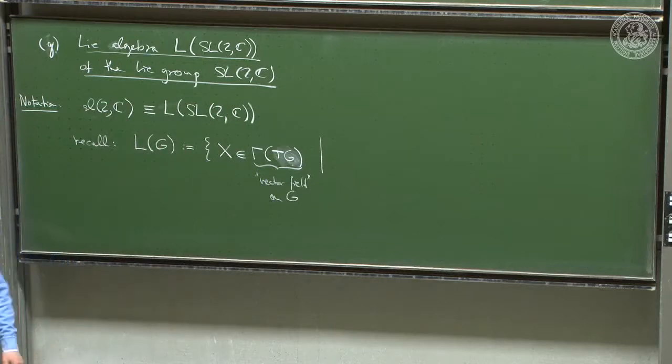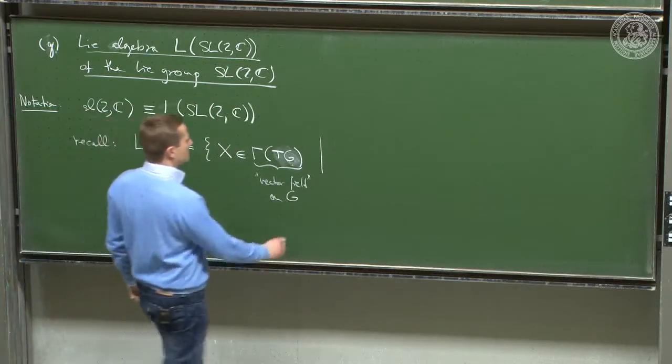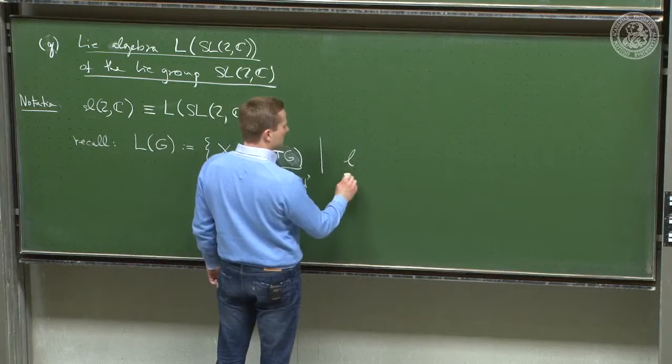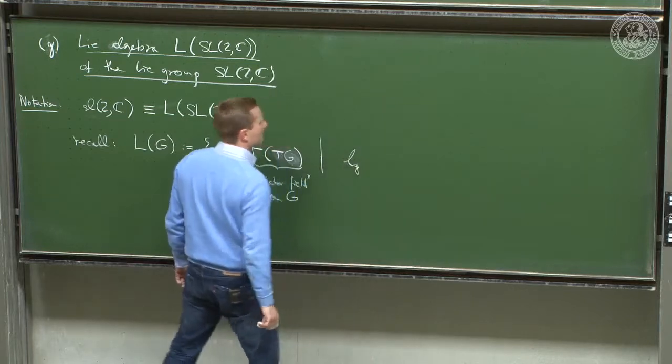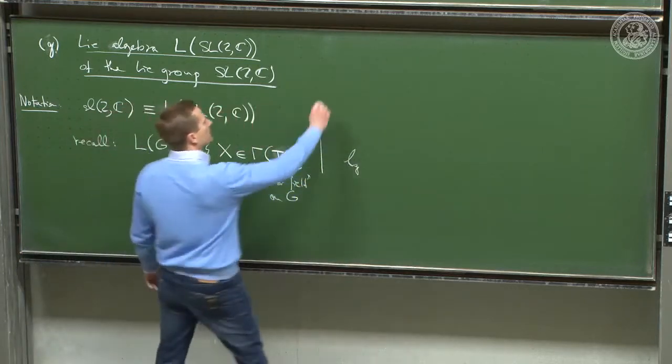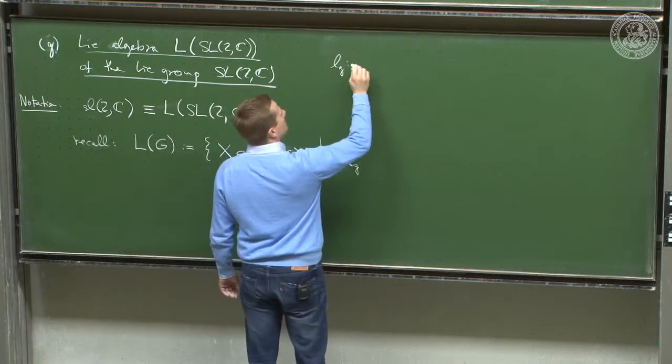What was a left invariant vector field? Well, we had these left translations, L_g. How were they defined?